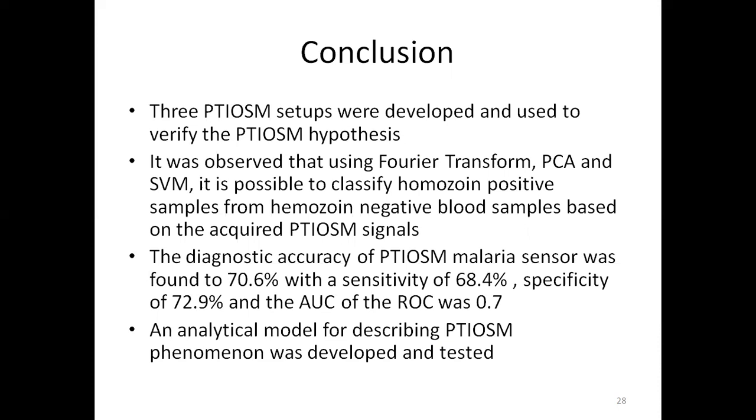We found that Fourier transform, principal component analysis and support vector machine were techniques that could be used for isolating malaria positive samples from malaria negative samples using the acquired photothermal induced optical scattering modulation signals.